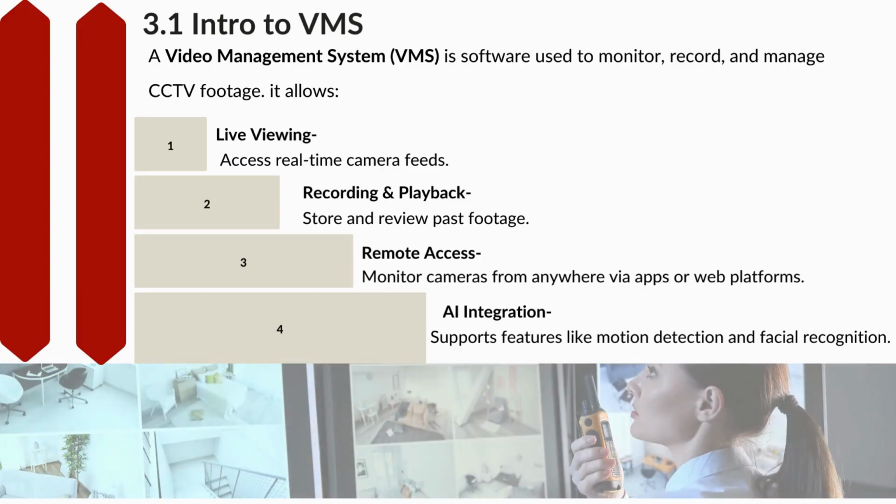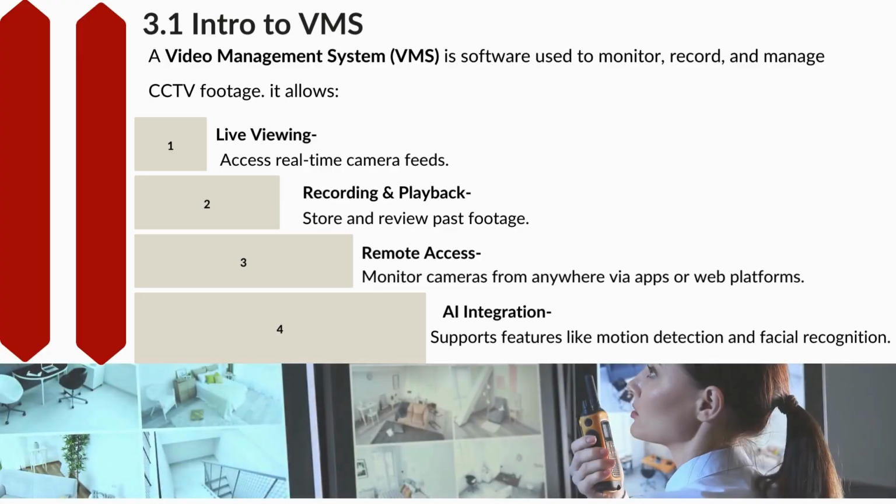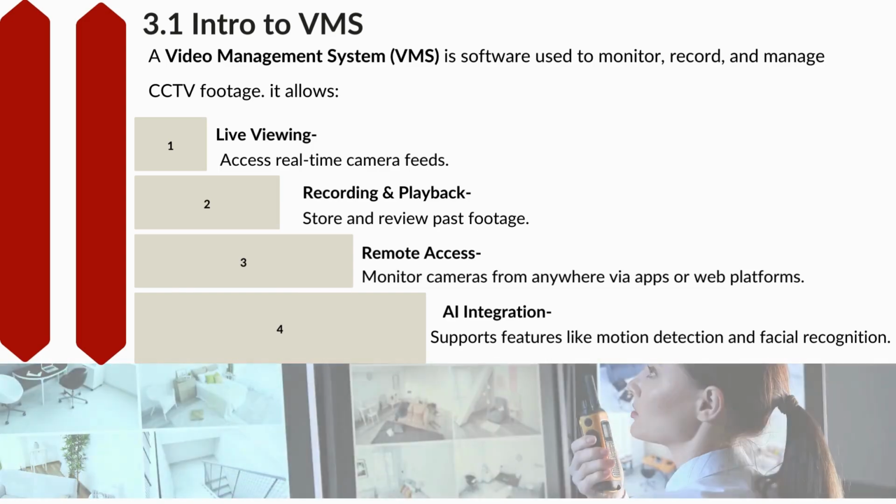Okay, so we have to introduce you to IVMS or VMS. VMS means Video Management System. It's a software used to monitor, look at the keyword, monitor, it can record, and it can manage. So monitor in the sense that you can watch on it. For instance, you can pick one camera and monitor it on your own computer screen, that's your VMS software.